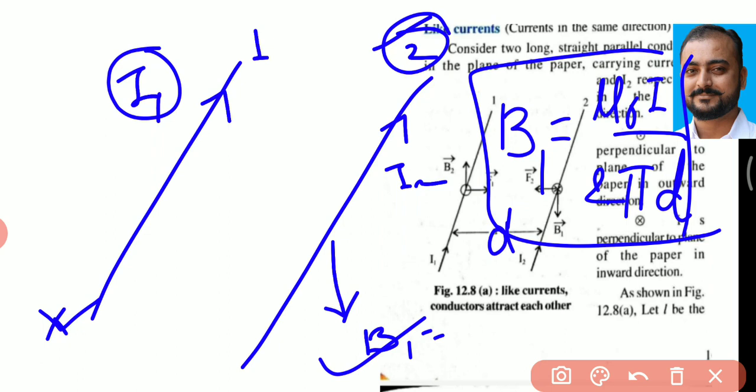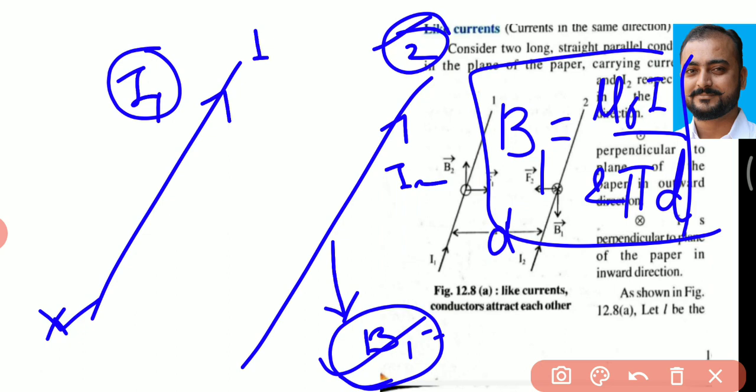Your palm is in the downward direction, facing towards the ground. Hold the conductor like that. What do you observe? Your fingers are curled in a downward direction. This is the direction of the magnetic field produced by conductor 1.